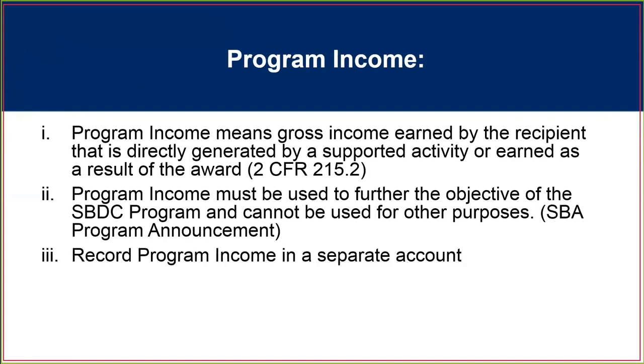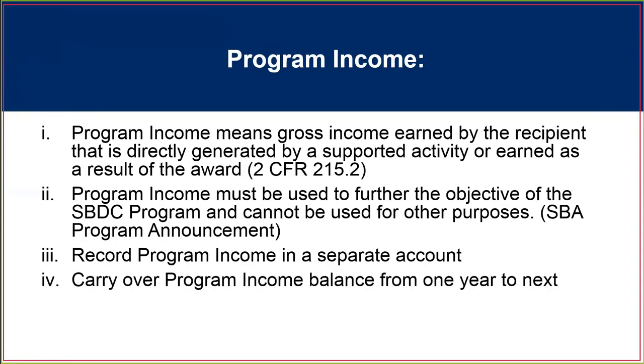And record program income in a separate account. So there needs to be segregated accounting, that there needs to be a separate fund for the federal grant, and then separate funds as required by the funder and host policies for cash match, and then also a separate fund for program income.